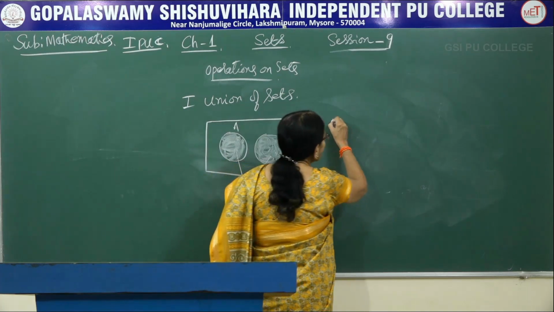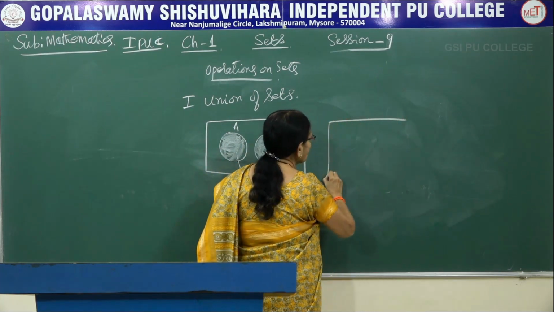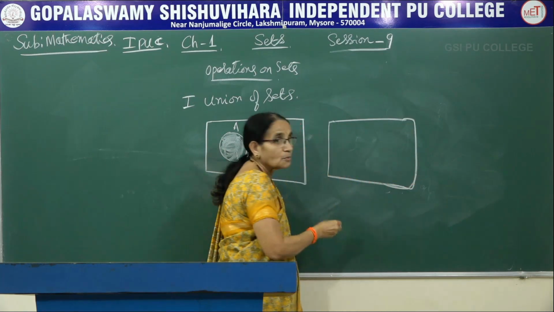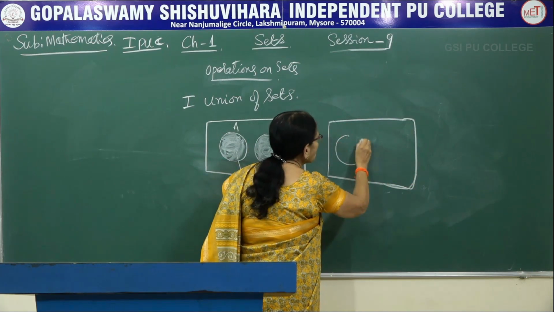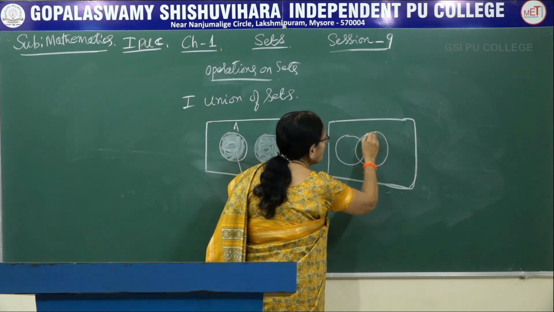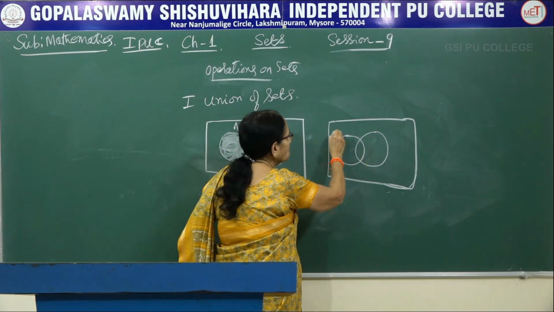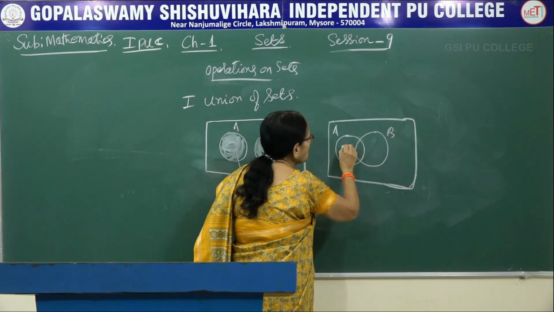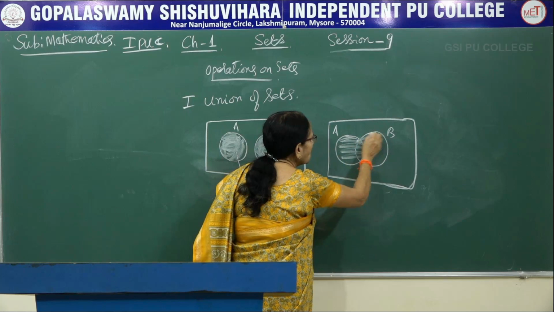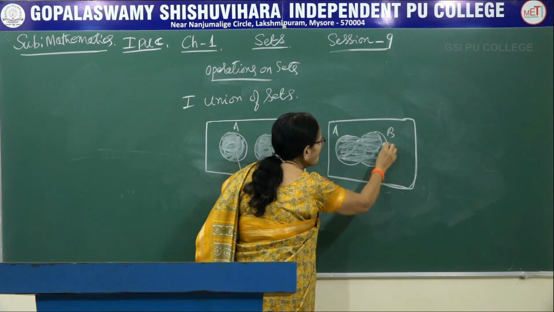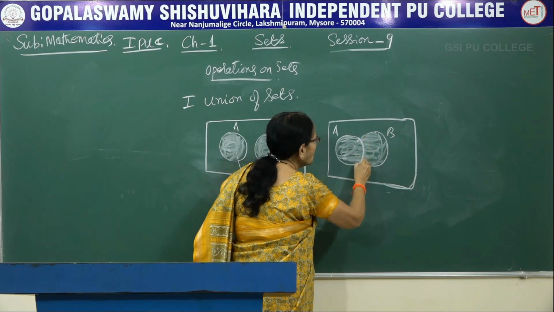Let us consider another example where we may have some common elements. Let me take A, let me take B here. Common element means they would be intersecting with each other. This is the set A, this is the set B. Even then, we have to shade the entire portion. Union means both the sets A and B have to be shaded.